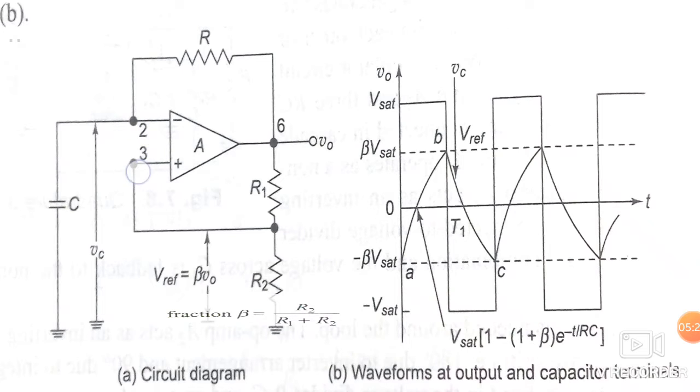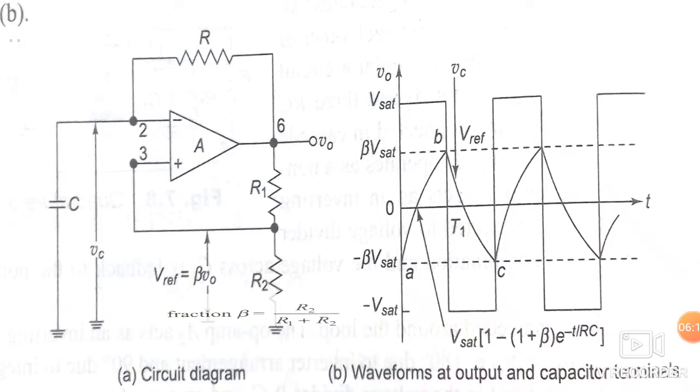That is, the voltage difference VID between point 2 and point 3 decides the output. As the potential of the inverting terminal, terminal number 2, increases from the value beta V0, the VID, the potential difference between the positive terminal and the negative terminal, will be less than 0.